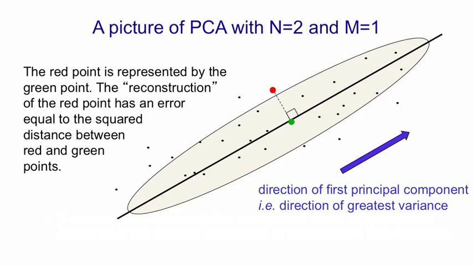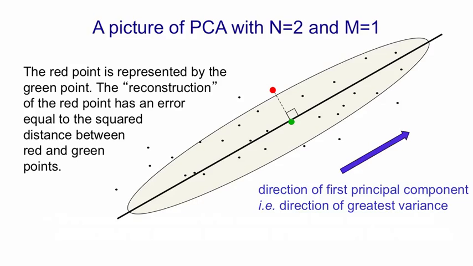And so to represent the red point, we'd represent how far along that direction it lay. In other words, we'd represent the projection of the red point onto that line, i.e. the green point.